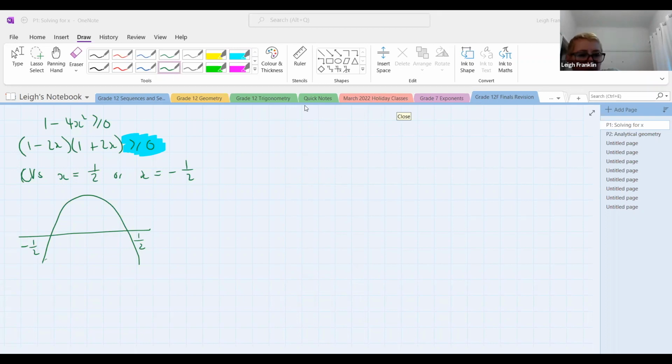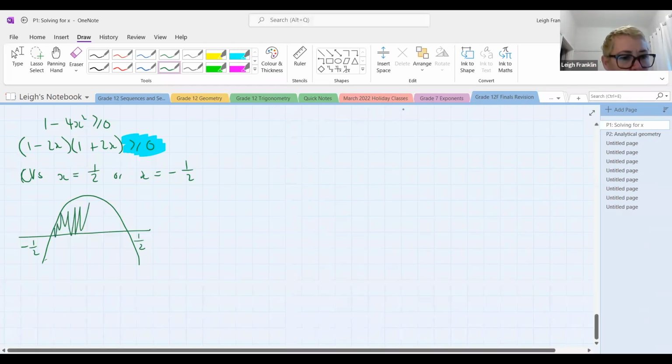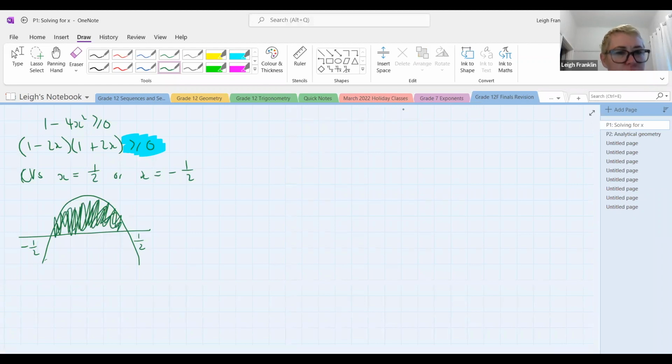Above, quite right, above. Okay, so we're looking at this part over here, because this is the part where y is positive, above the x-axis. All right, so is this a between answer, or is it smaller than this or bigger than that? What sort of answer is it?